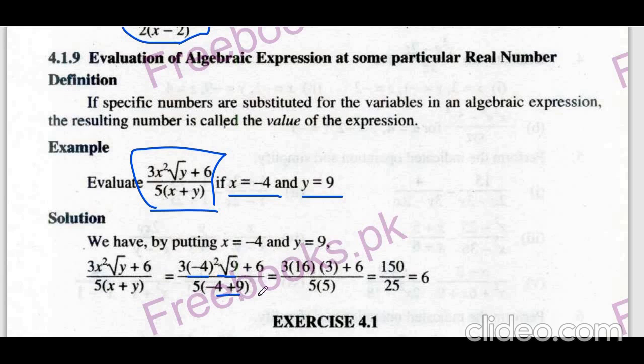The denominator becomes 5 times minus 4 plus 9, which is 5, so 5 times 5 is 25. Multiplying 3 with 16 gives 48, plus the 6 times... we get 150. Just divide these two terms and you get 6. That means 6 is the value of the given algebraic expression.